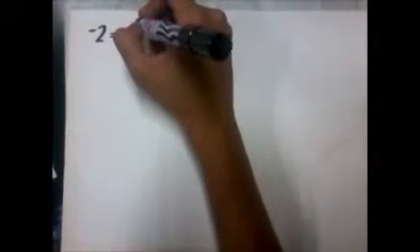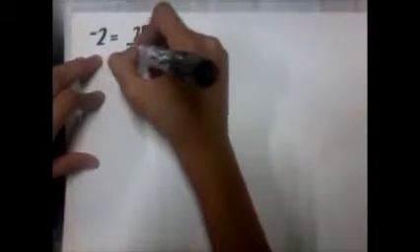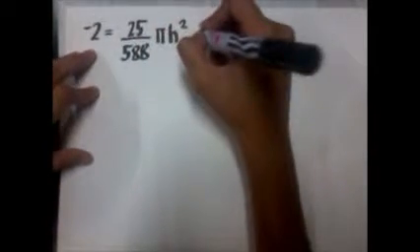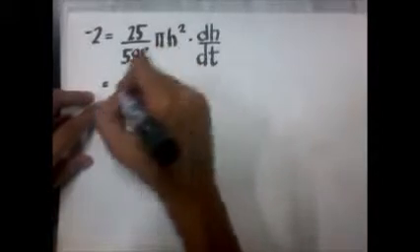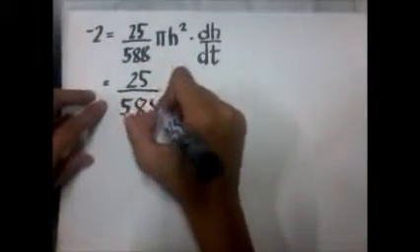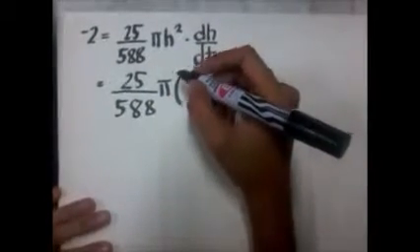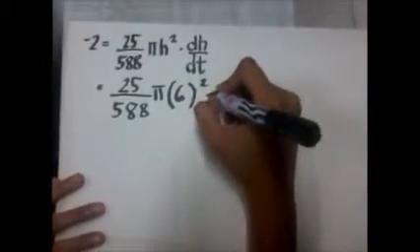So we have -2 is equal to 25 over 588 π h squared times dh/dt. So we have 25 over 588 π, the depth of the water is 6 feet, times dh/dt.